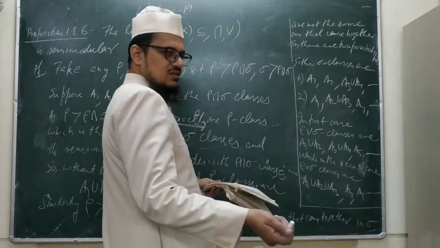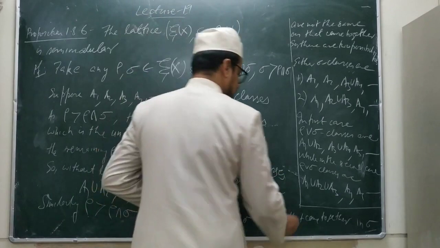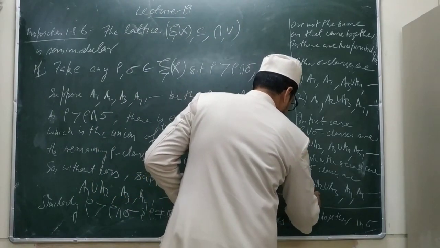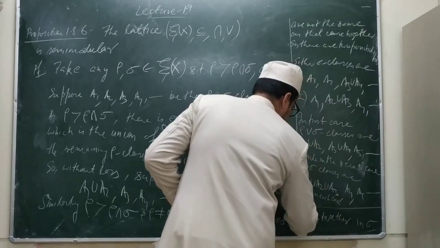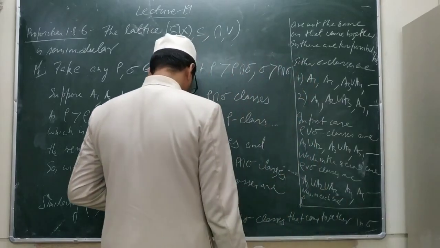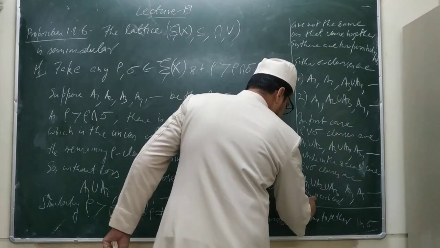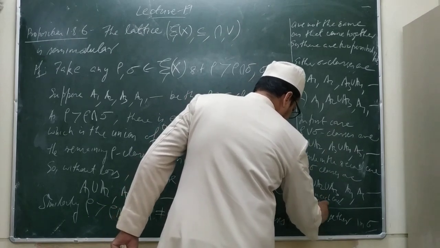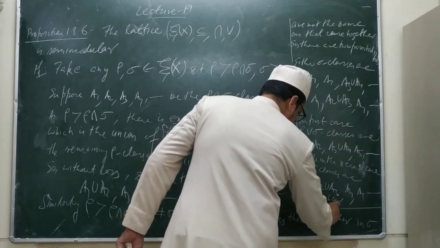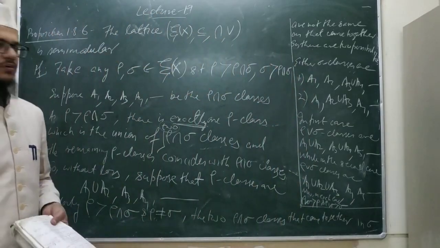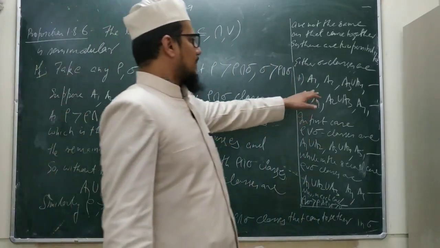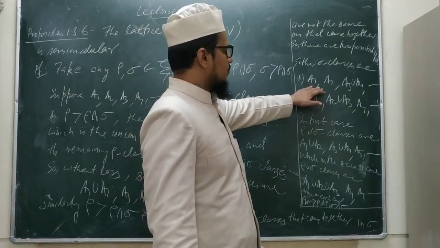Now in each case it can be easily seen that rho join sigma covers rho and rho join sigma covers sigma. Hence proved. Either we take this possibility or this possibility.